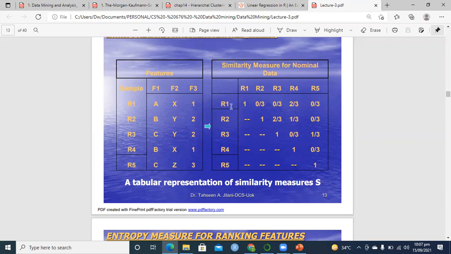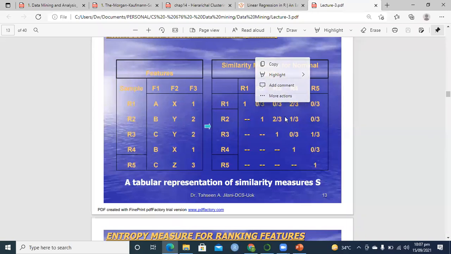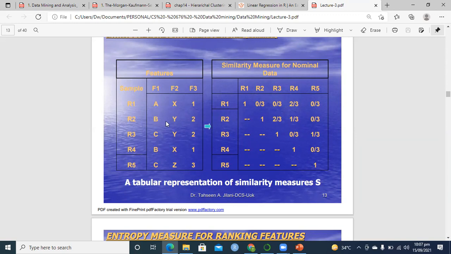Now, if I compare R1 and R2, A and B are not the same, X and Y are not the same, 1 and 2 are not the same. So 0 out of 3 columns are the same. If I look at R2 and R4, R2 has B, R4 has B, so one similarity. And Y is here, X is here, not similar.